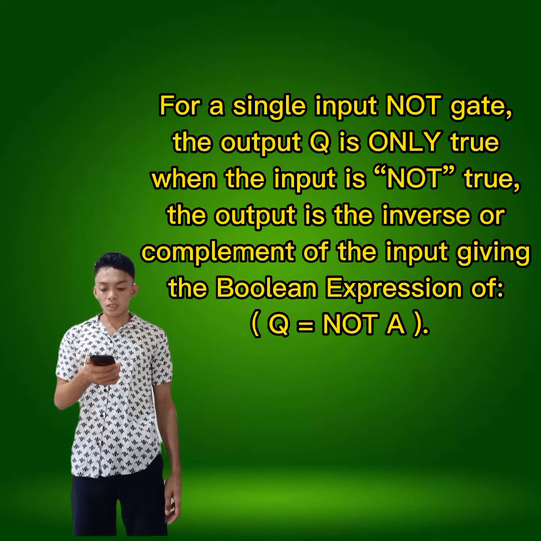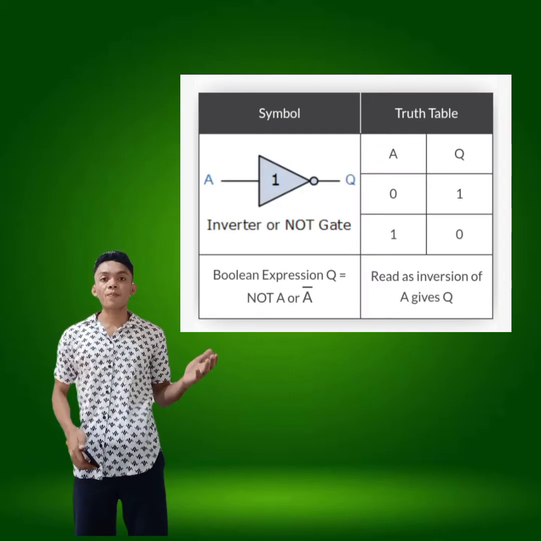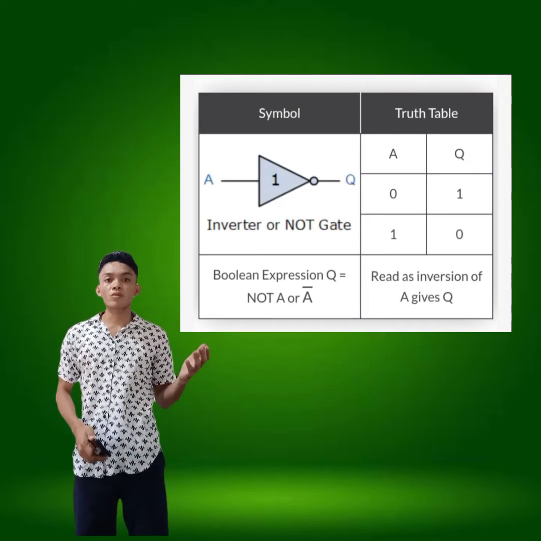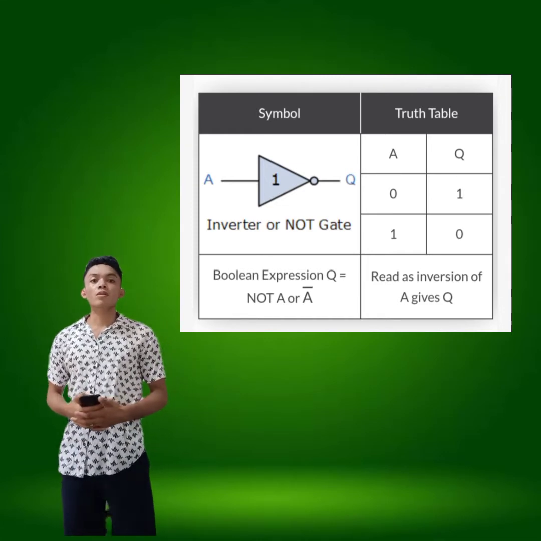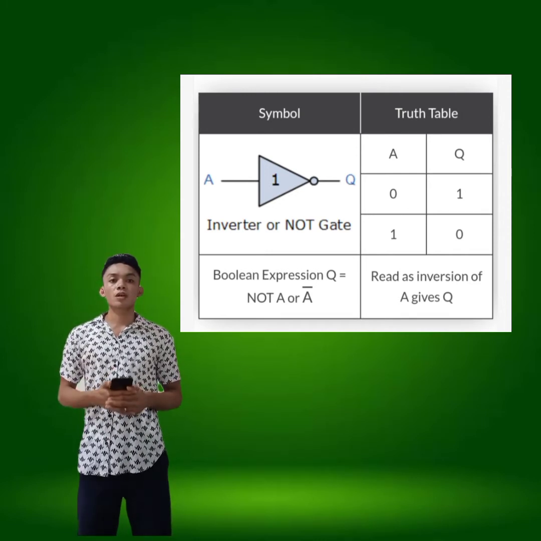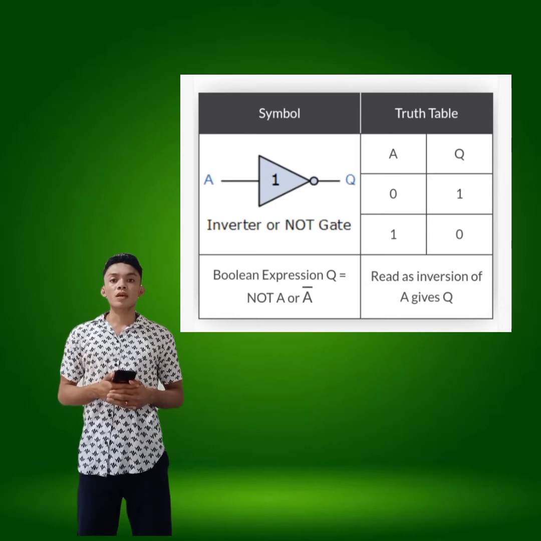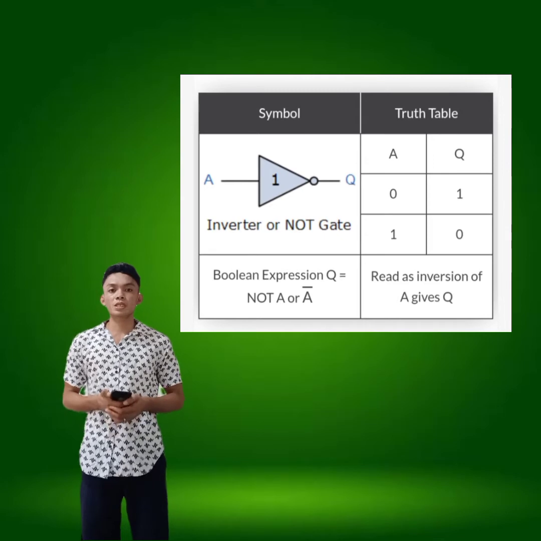The output is the inverse or complement of the input, giving the Boolean expression of Q equals not A. So this is the symbol and the truth table of the NOT gate. The truth table is A 0 1 and Q is 1 0. So the expression Q equals not A, read as inverse of A gives Q.